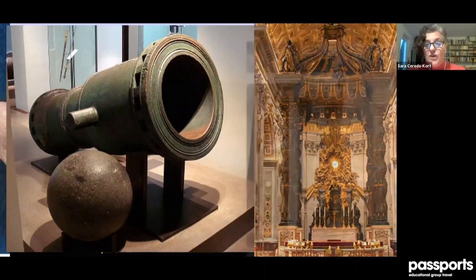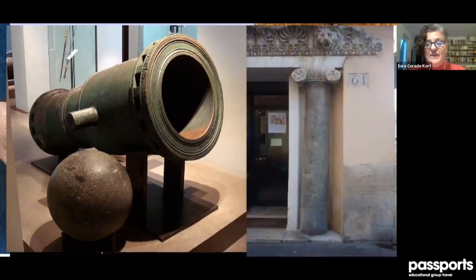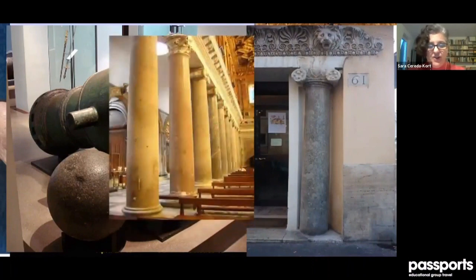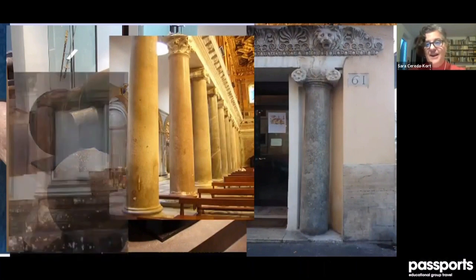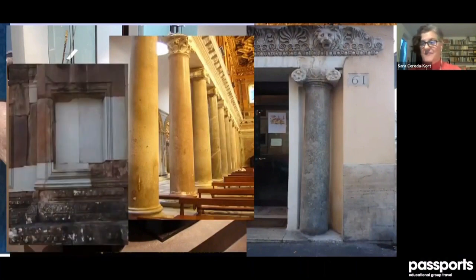But when you walk around Rome, you can see a lot of pieces taken away from Roman temples' ruins that have been integrated into normal buildings or churches, turned into an architectural support in new buildings.